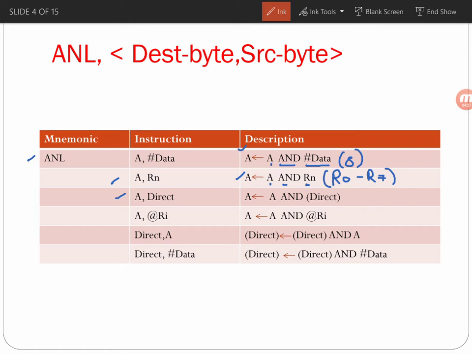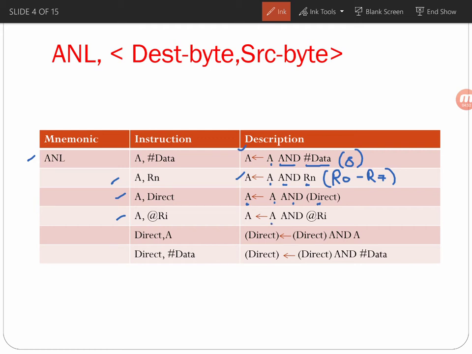Next is ANL A, direct. The content of the accumulator is ANDed with the content of the internal RAM location given by direct, and the result is stored in the accumulator register. And next, ANL A, @Ri.